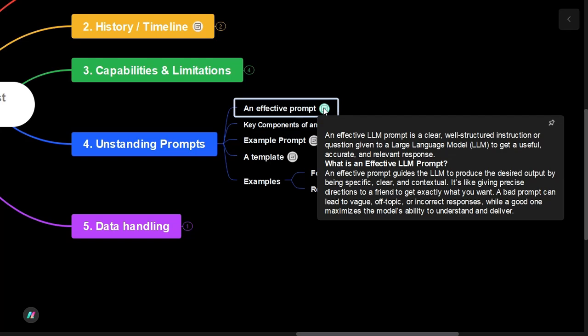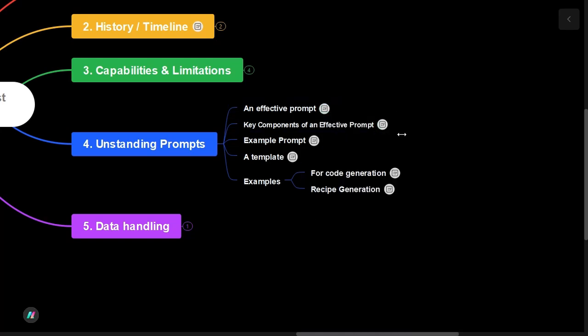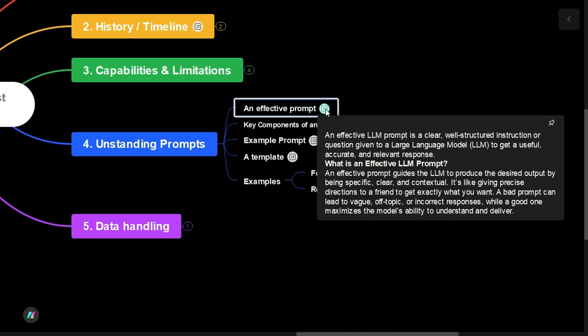Why is it important? Because an effective prompt guides the LLM to produce the desired output. You're so specific, so clear, so contextual around your ask that the LLM can respond with the level of clarity you expect.